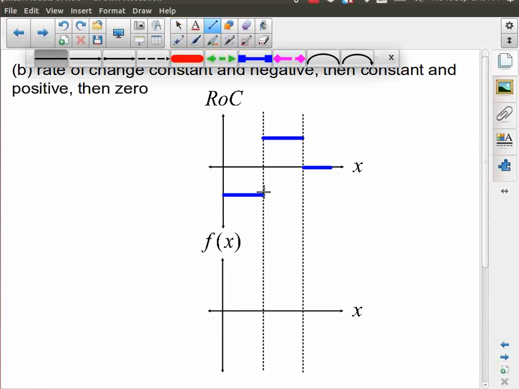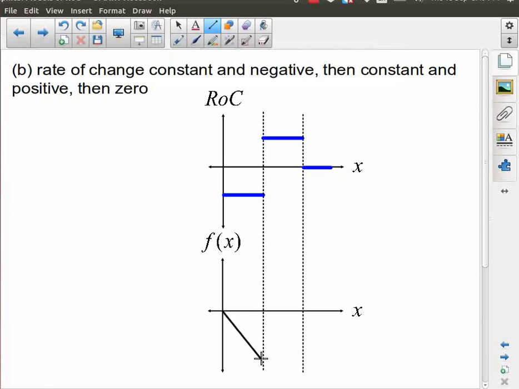Because I know that if I start here at the origin and I make a negative slope, that negative slope has to reach down and touch that first dotted line. That's where my negative slope is. Then I'm told I have a positive slope. Now to make this a little more interesting, I'm going to make this positive slope quite a bit higher, and I'm going to make this negative a little bit more shallow.